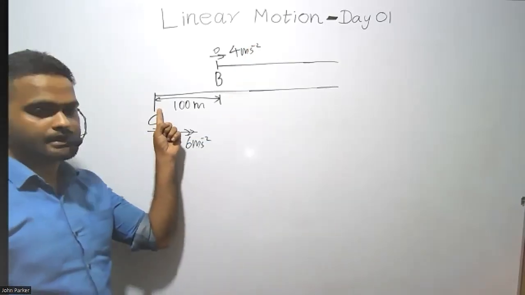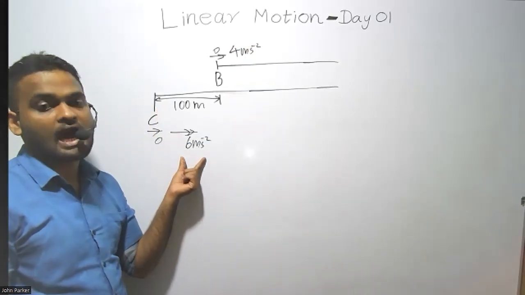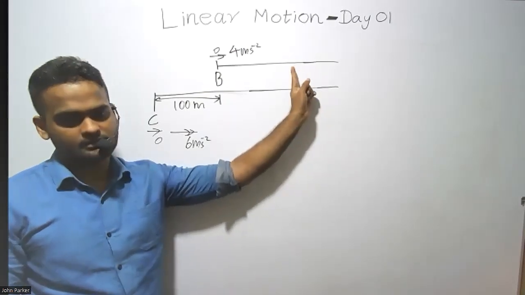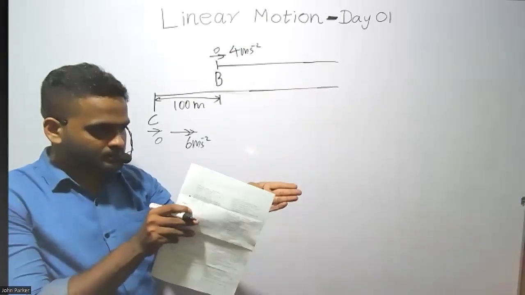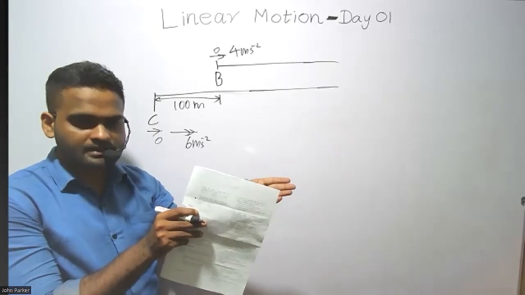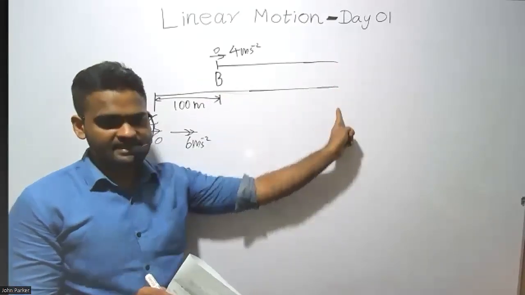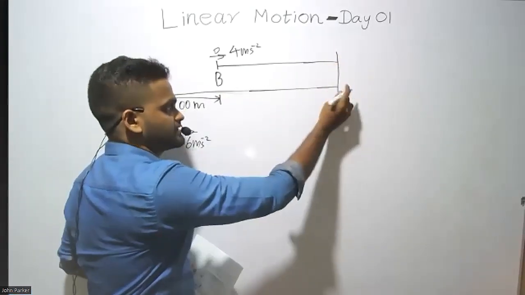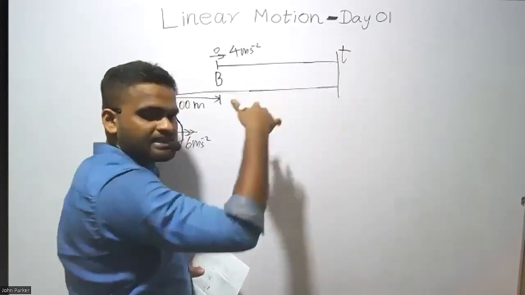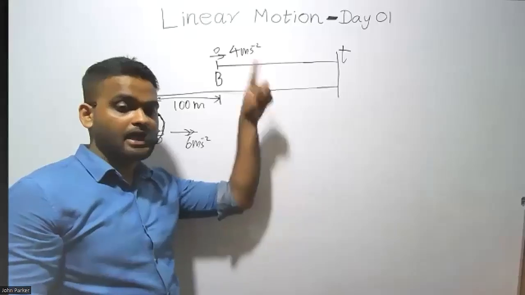Even though the car is behind, since its acceleration is higher, the car has the ability to pass the bus. Passing something means that at the passing point, both should be at the same place. Let's say it is here, when the time is t. This is happening simultaneously, unlike the previous question.